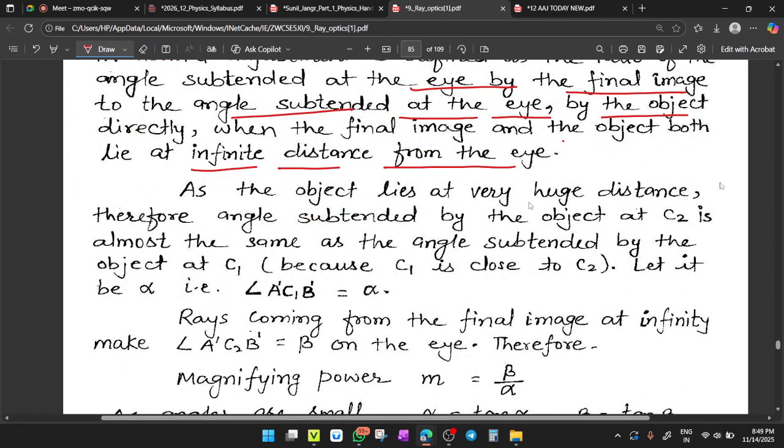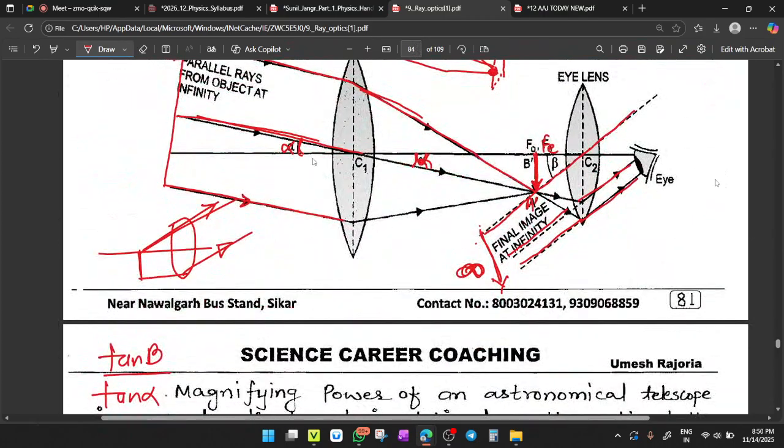As the object lies at a very huge distance, the angle subtended by the object at C2 is almost the same as the angle subtended by the object at C1, because C1 is very close to C2. Let angle A C1 B' equal alpha. So if this angle is alpha, this angle is also alpha. Clear or not clear?